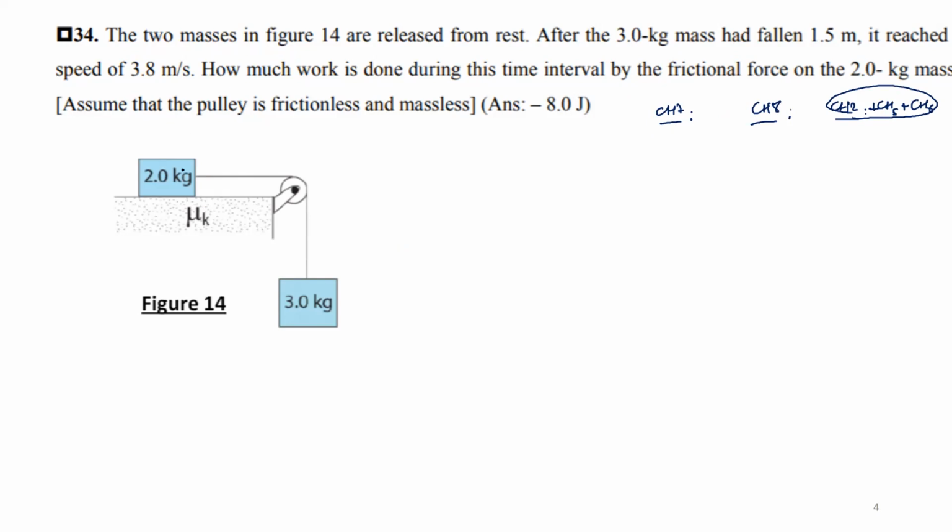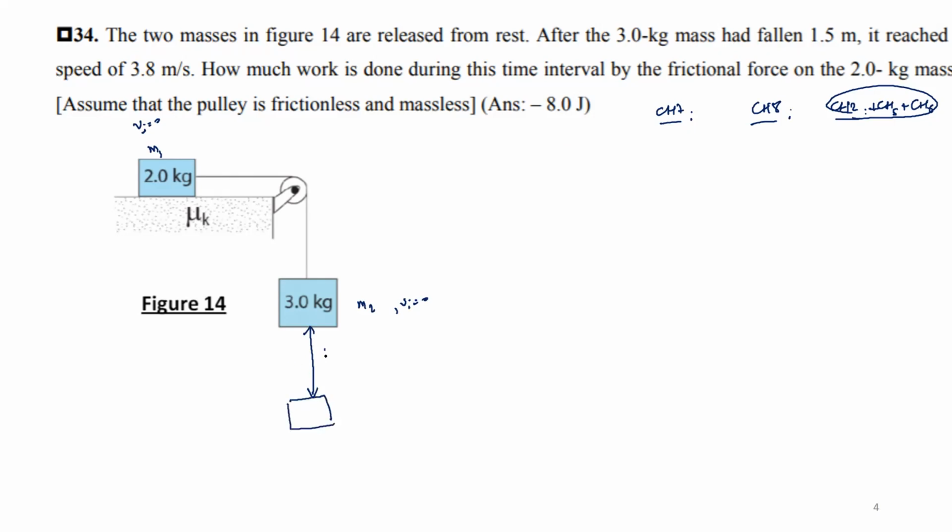So we have 2 masses, a 2 kilogram mass. Let me call this one M1, and this one is M2, a 3 kilogram mass. They are released from rest. Of course, V1 initial is 0, V2 initial is 0 here, meaning kinetic energy initial is 0. So after the 3 kilogram mass has fallen by 1.5 meters, so basically this one will fall down and be here, okay?